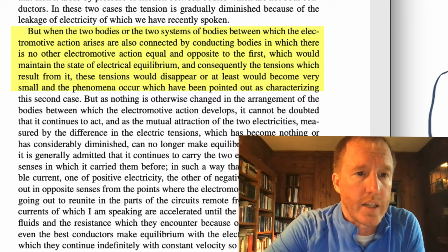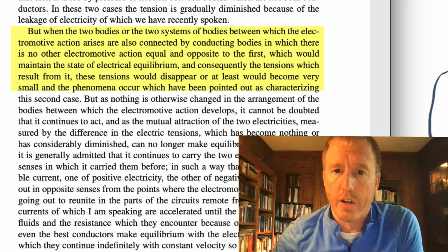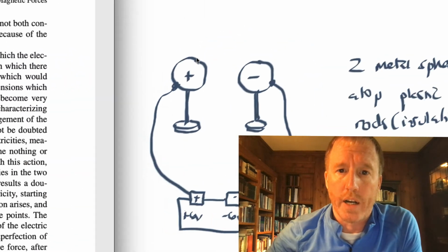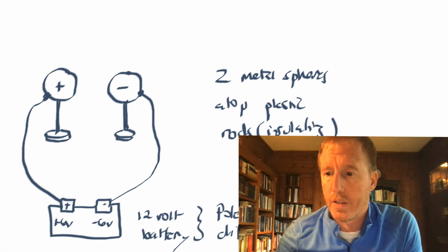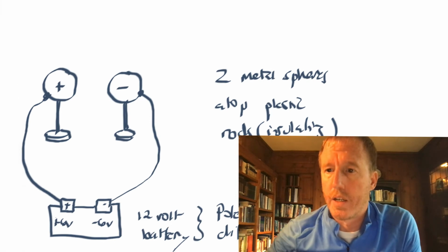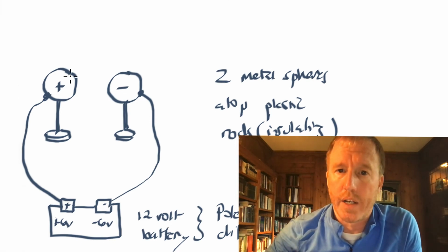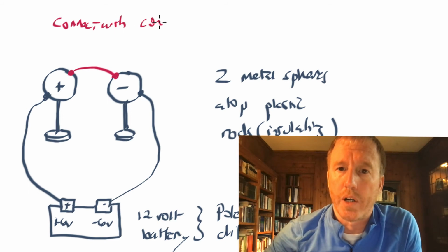Okay, so what he's saying here is, let's suppose you take a wire now. Let me imagine you take a copper wire and you connect it between these two spheres. So you connect them with a conducting wire like copper.